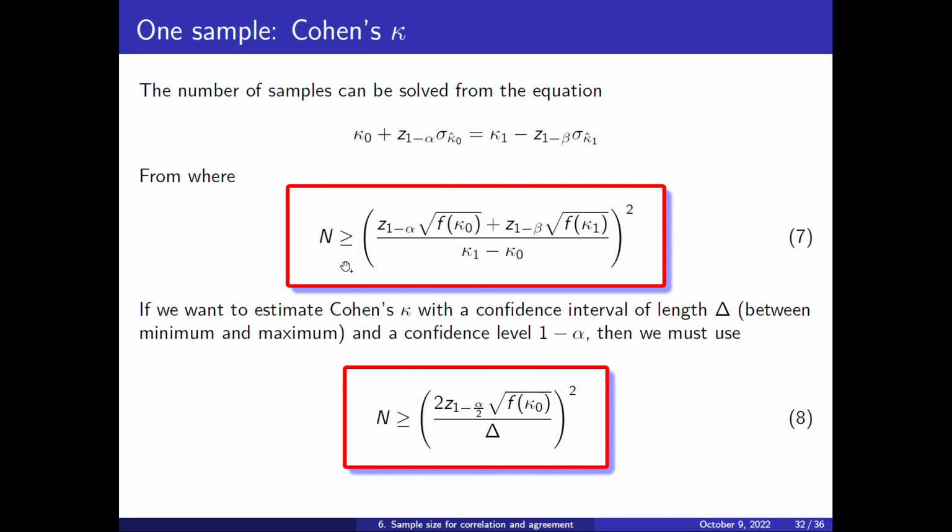The sample size will be the term depending on the confidence level, the term depending on the statistical power, and the normalized effect. We have already seen many times these normalizations going up into the numerator. We can simplify this a bit. If instead of making a test we want to compute the confidence interval of length delta, then this is the formula.